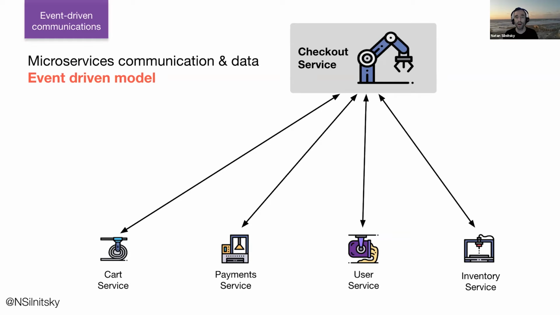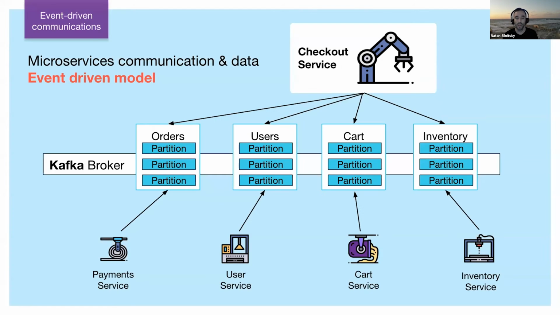Okay, so let's go back to our e-commerce example. Here we have our checkout service that requires a lot of data found in other services in order to complete the checkout. Now let's look at how it will look with the event-driven model. With the event-driven model, we'll have specific topics that each of the services is in charge of.